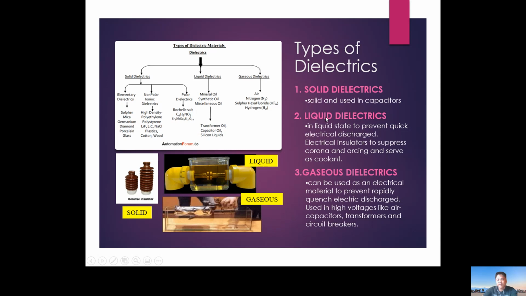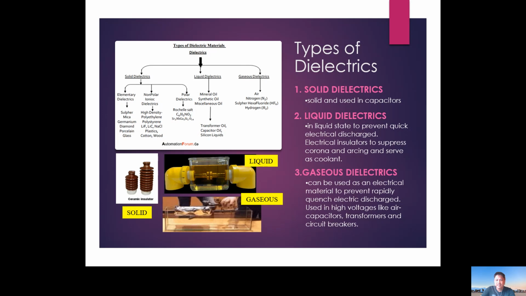So let's go deeper with the meaning of that. What are solid dielectrics? Mainly, solid dielectrics are used in capacitors. Next is the liquid dielectric. In liquid state, it prevents quick electrical discharge.